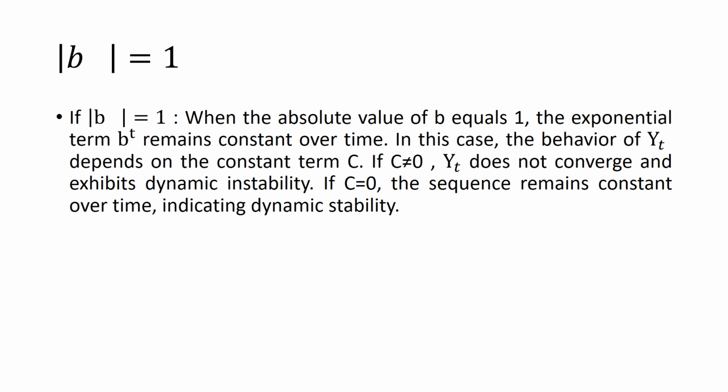So there are two scenarios: if c is equal to 0 and if c is not equal to 0. If c is not equal to 0, yt does not converge and exhibits dynamic instability. If c is equal to 0, the sequence remains constant over time, indicating dynamic stability.